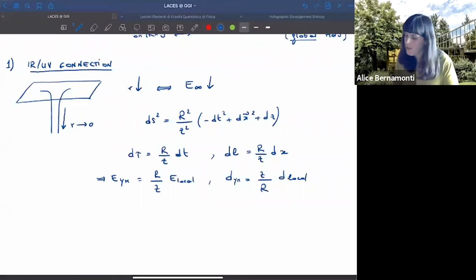That's the relation between energies and distances as measured in the bulk and in the conformal field theory.